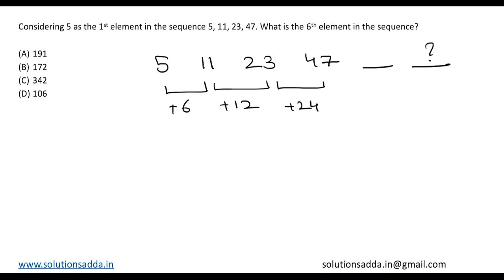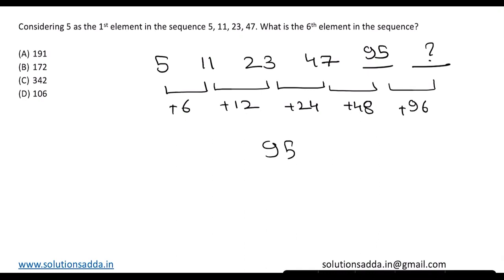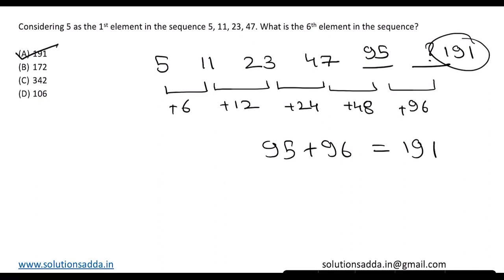Following this pattern, 6 twos are 12, 12 twos are 24, 24 twos are 48, so the number should be 95. Similarly, 48 twos are 96, and the number here should be 95 plus 96, that is 191. Therefore the correct answer for this question is option A.